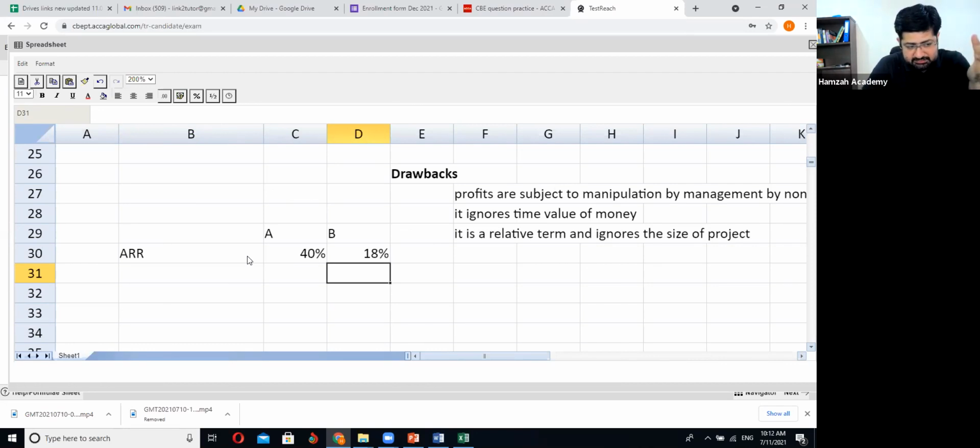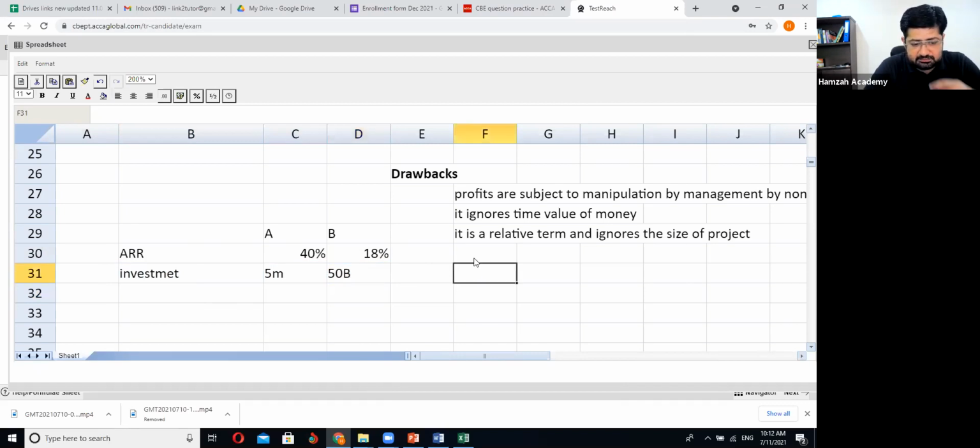But it is not telling us how much investment is there, how much profit is there. So it ignores the size of the project. For example, the investment here may be only 5 million and here 50 billion. This ARR is not telling us about that.